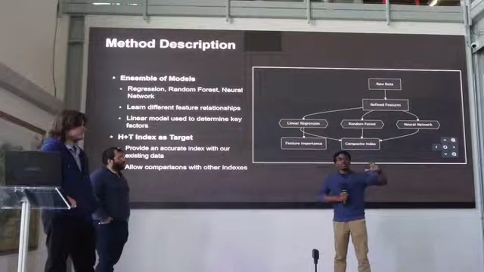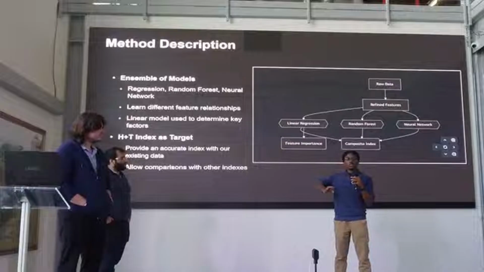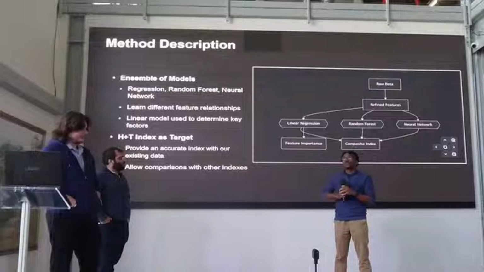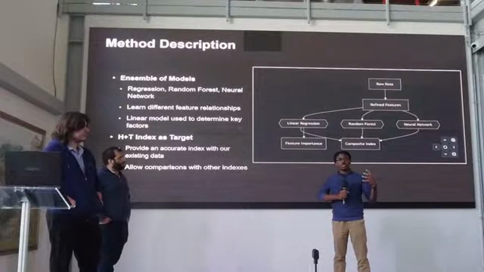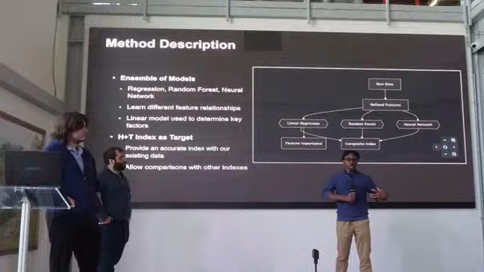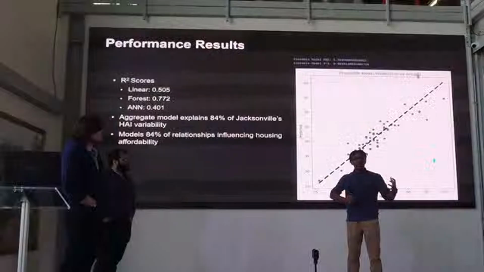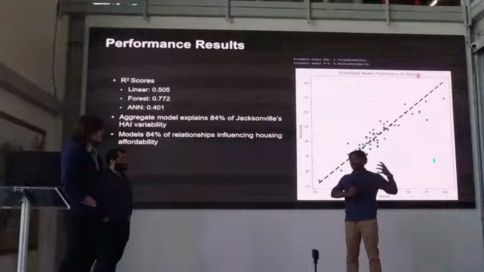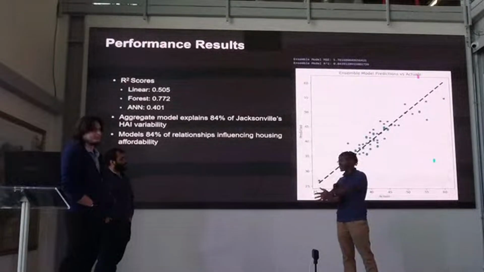One, by training based off of an existing index, it gives our index a baseline level of accuracy, or it gives our index parity with an existing one, which allows for council members, although we are only looking at Jacksonville data, they can take our index score and we are able to convert it, and about 84% of the relationships within the data that were influencing housing affordability.